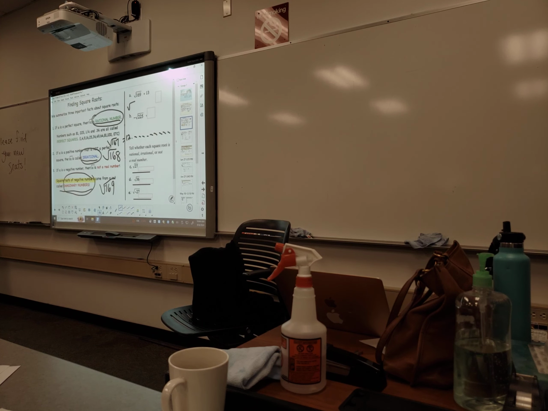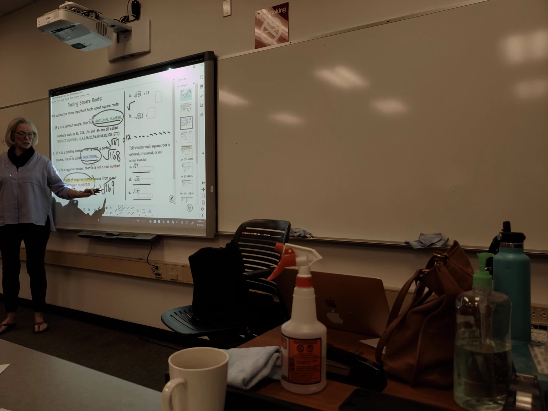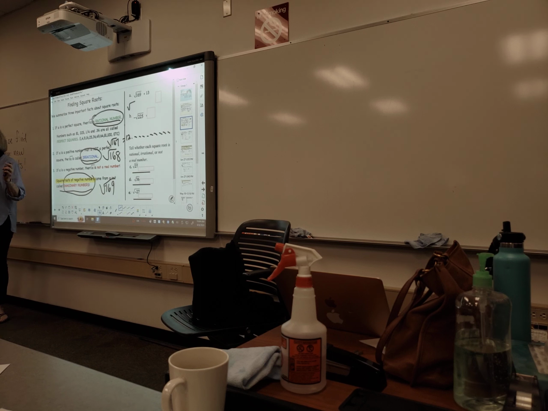Okay, you're about 6 classes ahead of me, so your settings are wrong. So when you have a negative square root, it should say not possible. Does any of your calculators say not possible or doesn't happen?